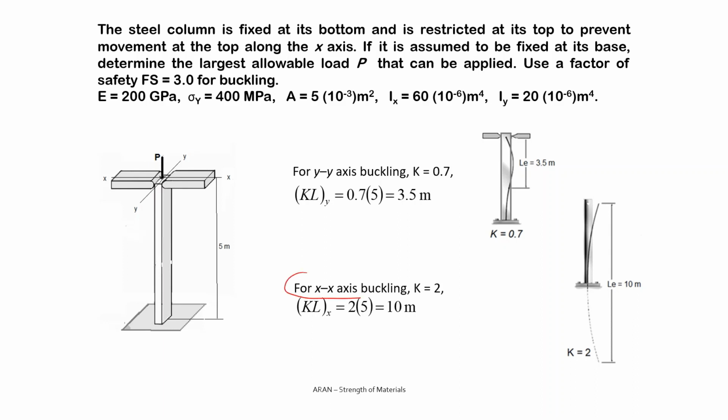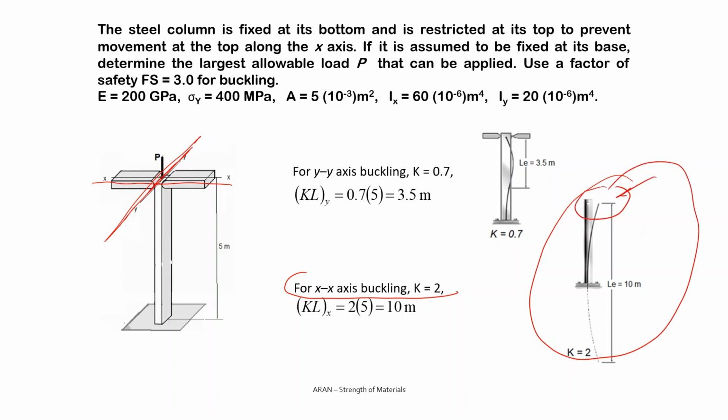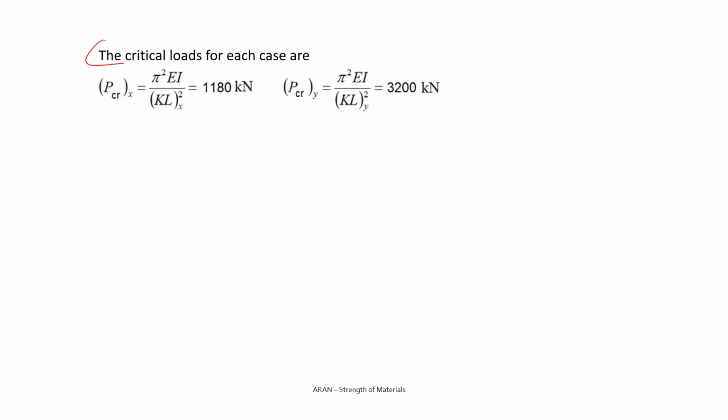For the XX buckling, you see we can move along the y-axis. So for the XX buckling, the supports look like this. We will have a free support at the top end. So my K value is 2 and the effective length will be 10 meters. Let's calculate the critical loads for each case.